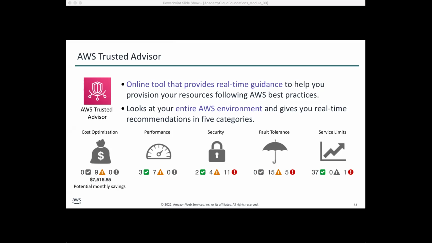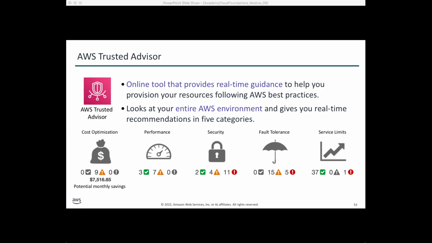It is an online tool that provides real-time guidance for us to provision resources following AWS best practices. It looks at the entire AWS environment and gives us real-time recommendations in 5 categories: cost optimization, performance, security, fault tolerance, and service limits.